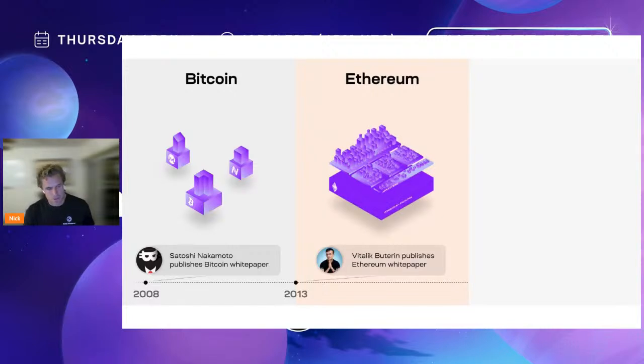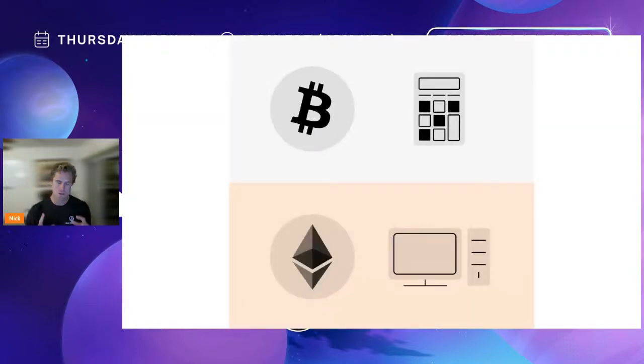And that brings us to stage 2 in the evolution of blockchain architectures, and that is the Ethereum white paper. In 2013, when Vitalik published the Ethereum white paper, it was a massive step forward in that it generalized the kinds of rules you could express on a blockchain. With Bitcoin, you could think of it like a calculator with very simple rules and very limited expressivity.